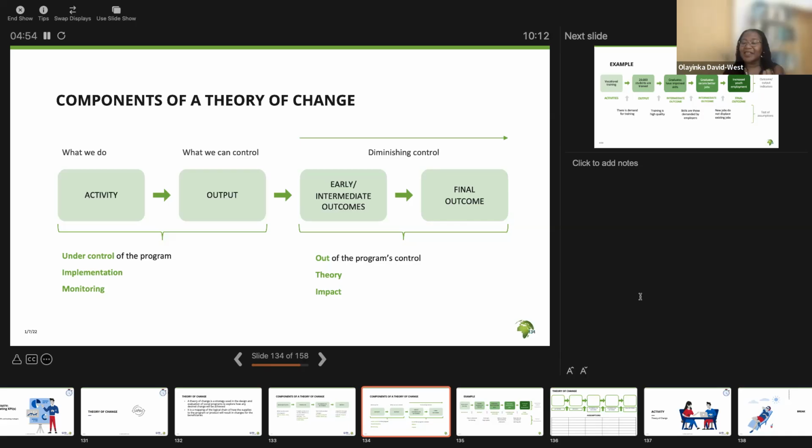Then the next thing is, we begin to lose control when we now have to answer that, and so what? So, out of the program's control, what is the impact? What is the theory? What are the different hypotheses around change that we're embedding in this product? When we're talking about the cooperative or the woman, is it an individual or a group? Is it a group change that we're looking to address? But then what are the early telltale signs that this change is in the right direction?